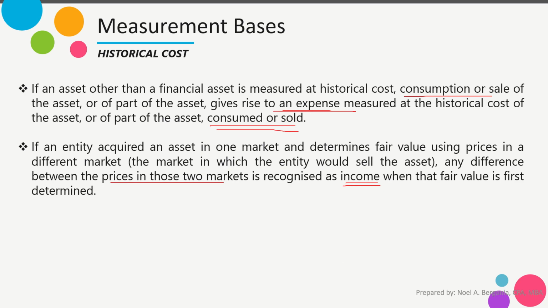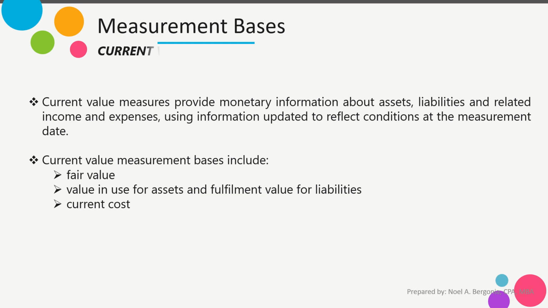Okay, so dumako na tayo sa next topic, which is all about the current value naman. Okay, so when we talk about historical cost, it refers to the original transaction, no? The original price of an asset, and also an original amount of the liability on which the price of the transaction or other event gives rise to them.